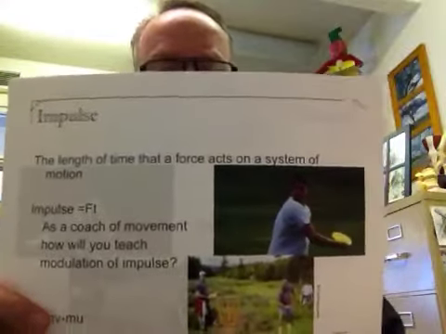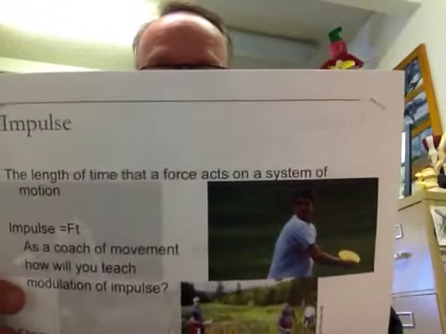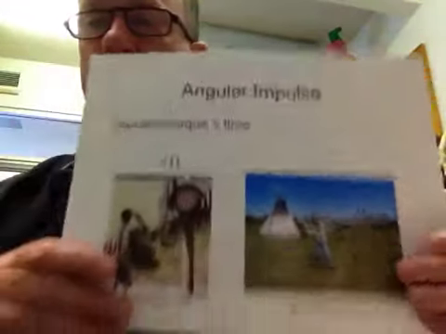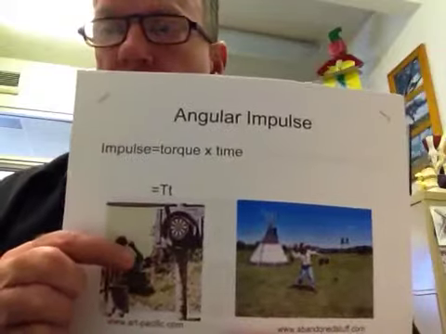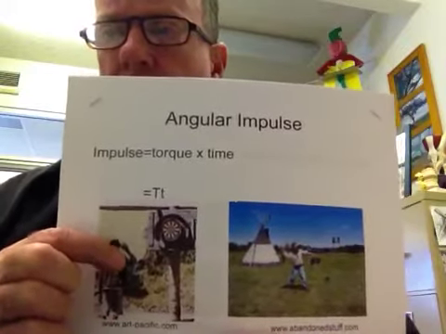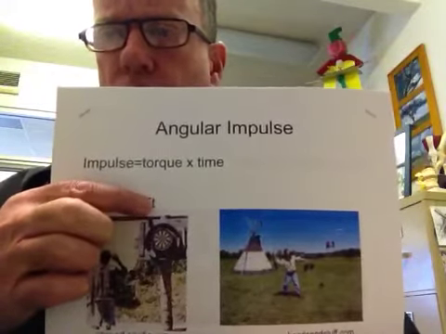The formula for that is, hang on just a second, I'm going to go to angular impulse. So you can see this man who's shooting darts, he's got a very small amount of time because he's got a very small arc as he's throwing darts.